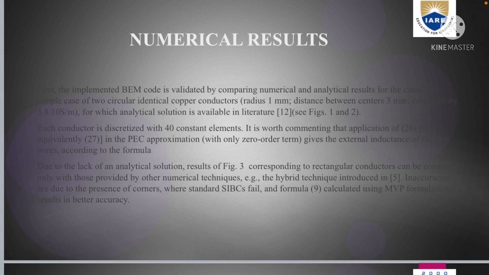Due to the lack of an analytical solution, the results of figure 3 corresponding to the rectangular conductors can be compared only with those provided by other numerical techniques, for example the hybrid technique introduced in 5. Inaccuracies are due to the presence of the corners, where the standard SIBCs fail, and formula 9 calculated using MVP formulations results in better accuracy.